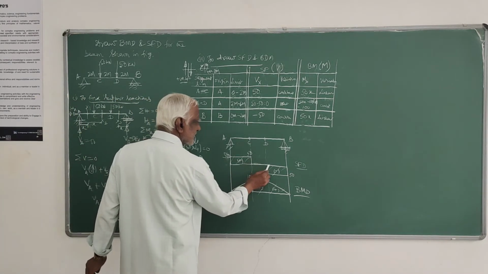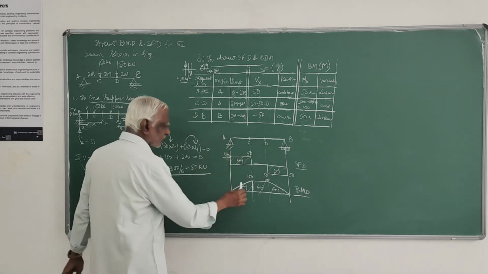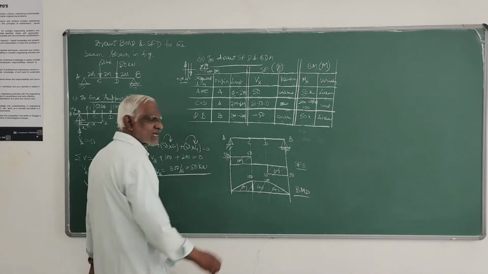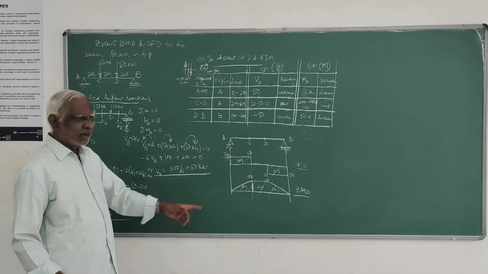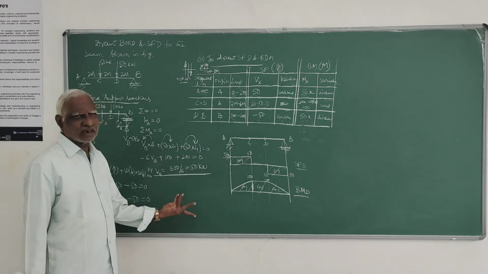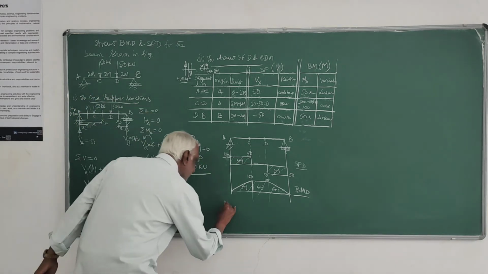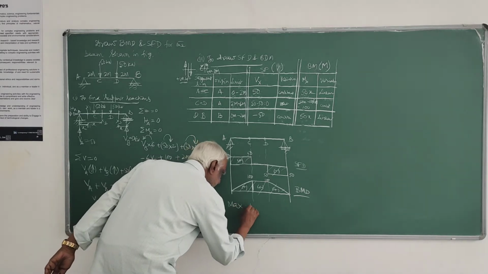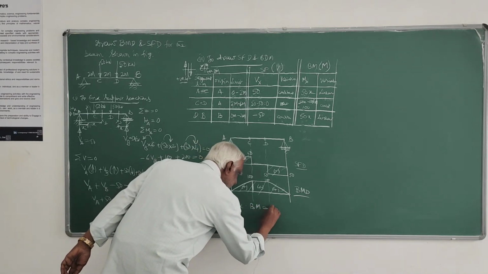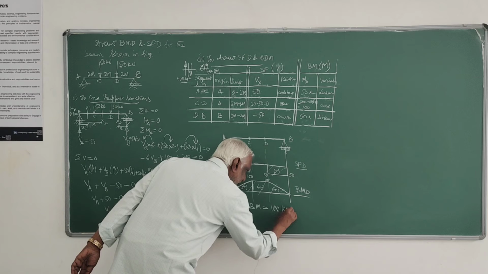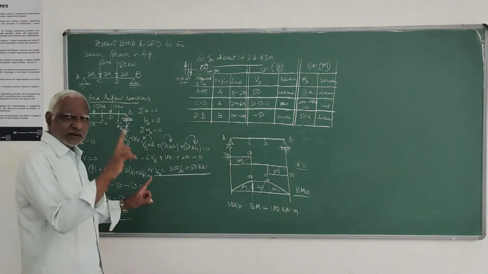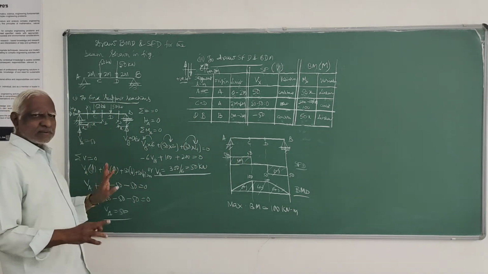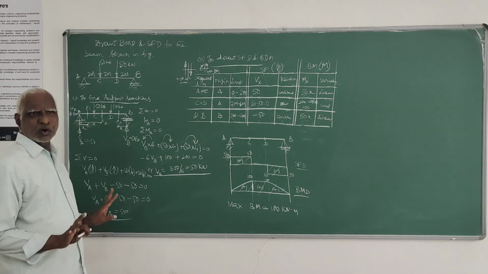Here shear force is 0 in this entire segment, so naturally the bending moment has to be maximum there, that is 100. So we can just say maximum bending moment equals 100 kilonewton-meters.